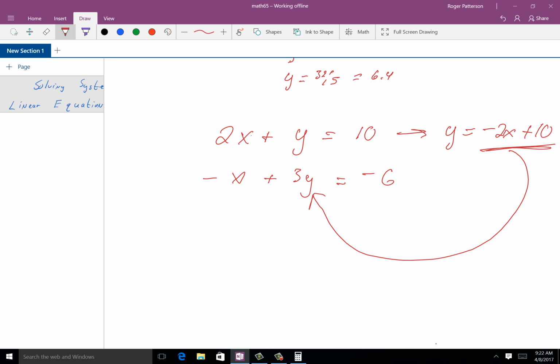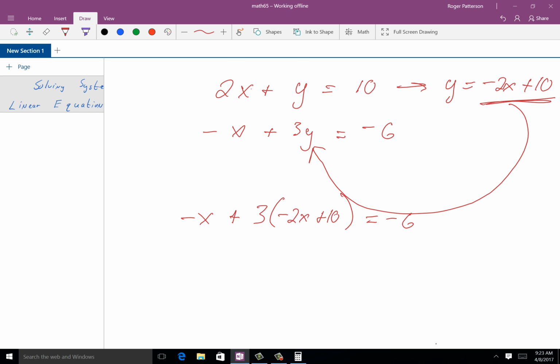All right, so then we're going to have negative x plus 3 times negative 2x plus 10 equals negative 6, like that. And now we just go ahead and work it out.